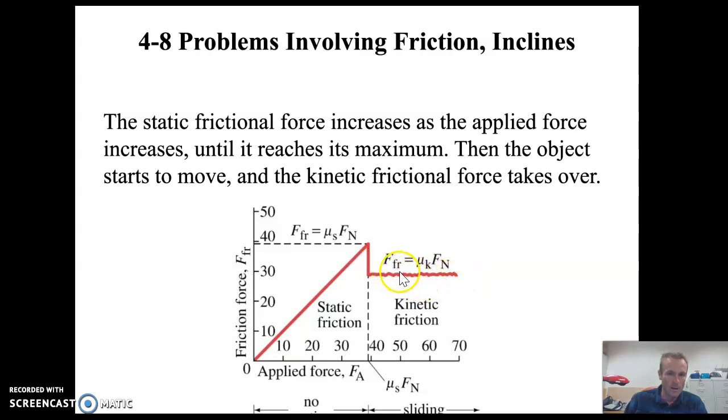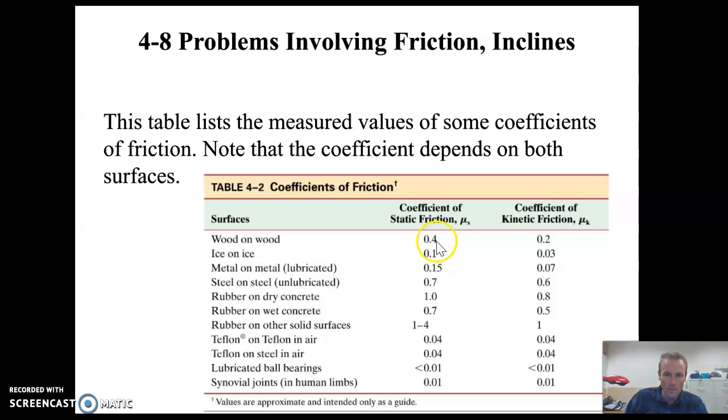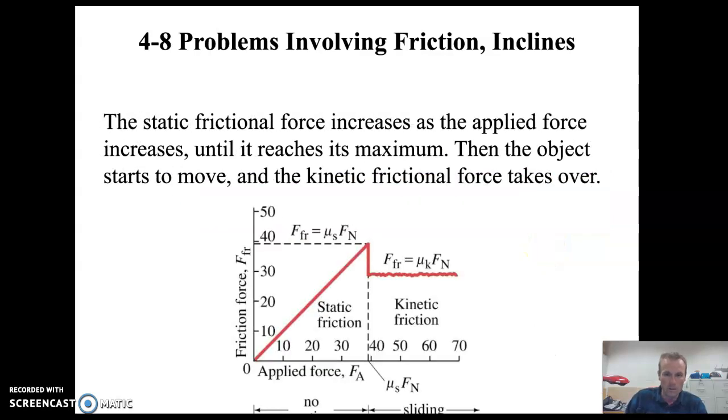This is going to be a value less than static friction because, as we saw from the previous slide, the coefficient of static friction is almost twice as much as the coefficient of kinetic friction. So basically, I have less friction when I'm sliding versus remaining stationary. We use the new lower coefficient, multiplying it by the normal force again, to determine the force due to kinetic friction.